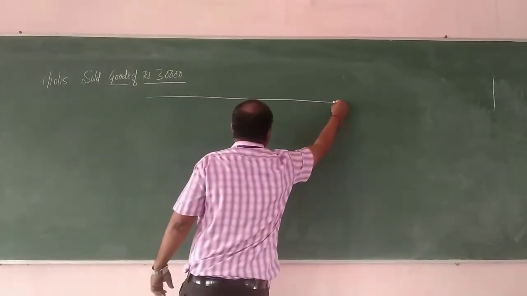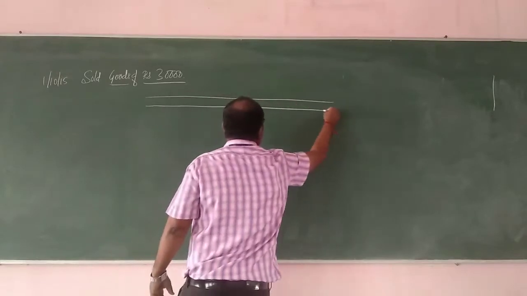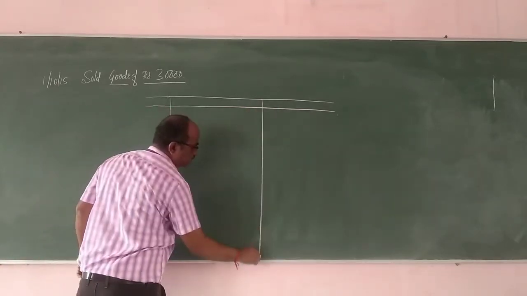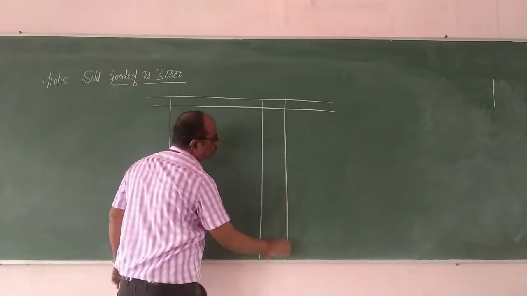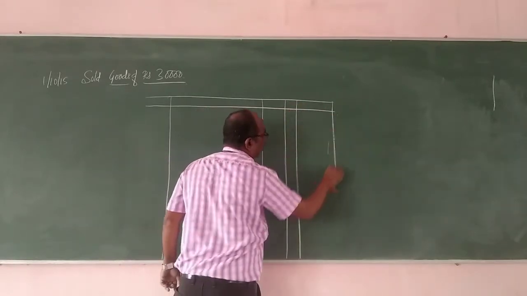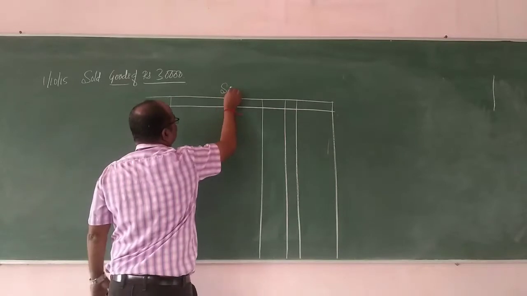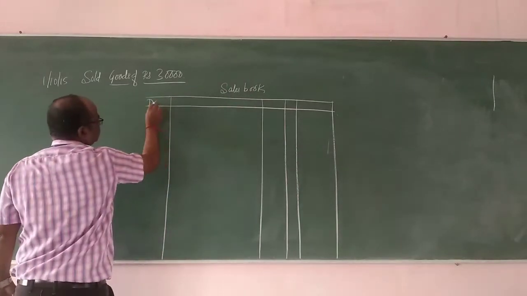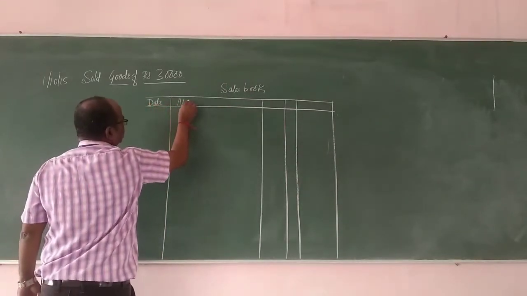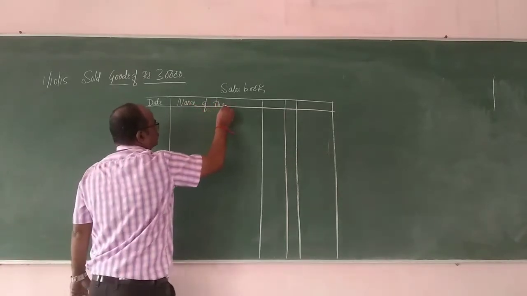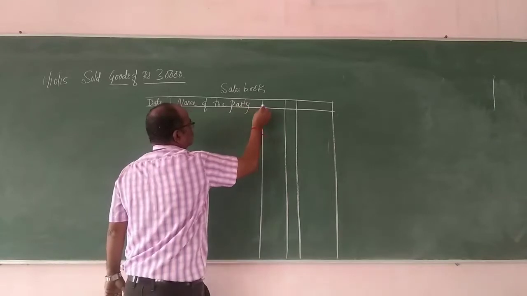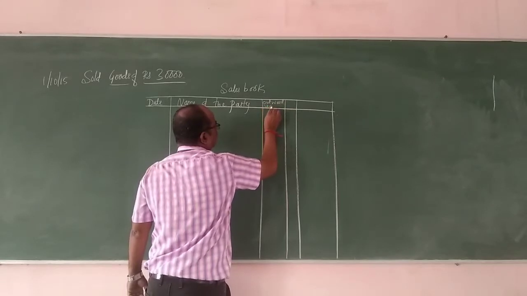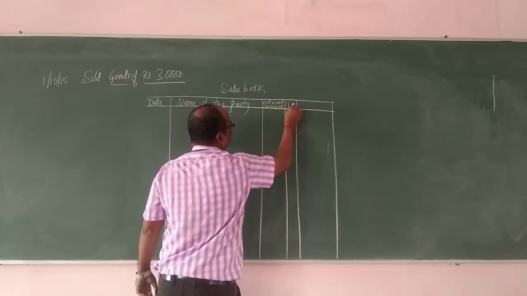So this is the format of the sales book: date, name of the party, outward invoice number, LF and amount.